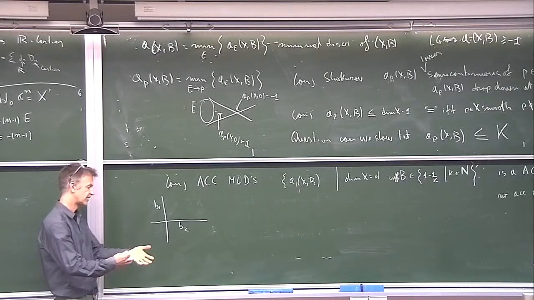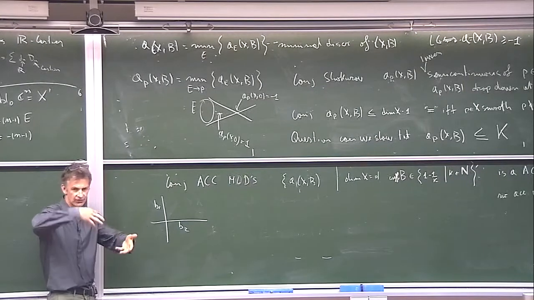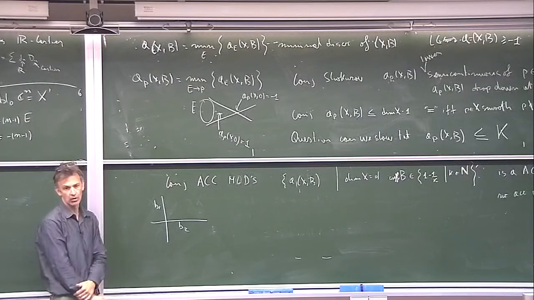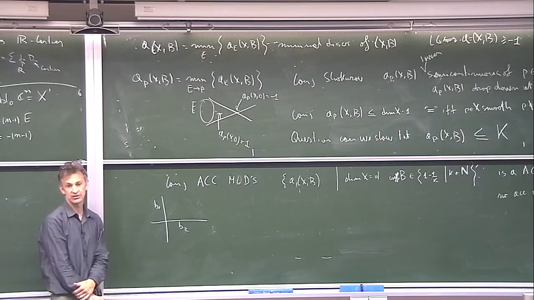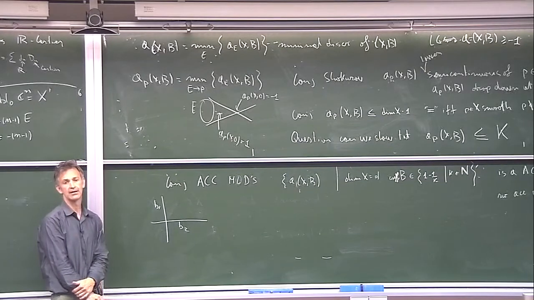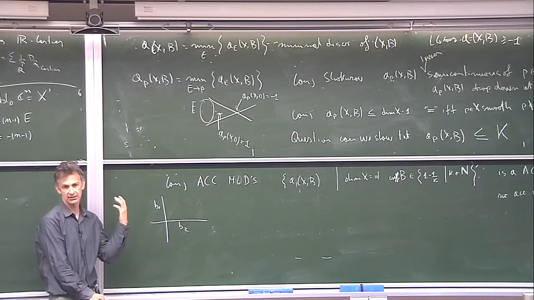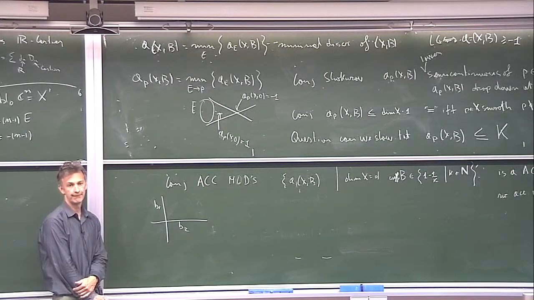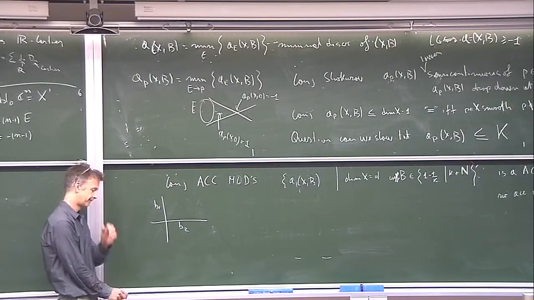And if you have a stratum which is the intersection of 3 hyperplanes, it's even worse. So for the klt case, the answer is yes. Once you go to 1 log resolution, the minimal discrepancy at each point has already shown up.